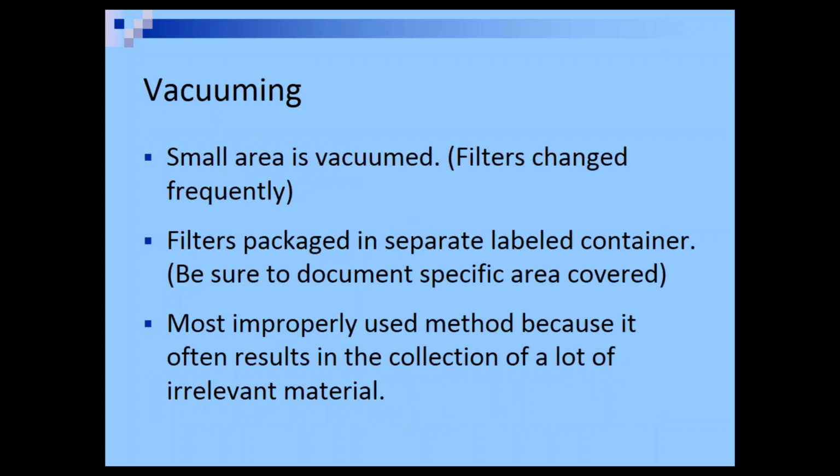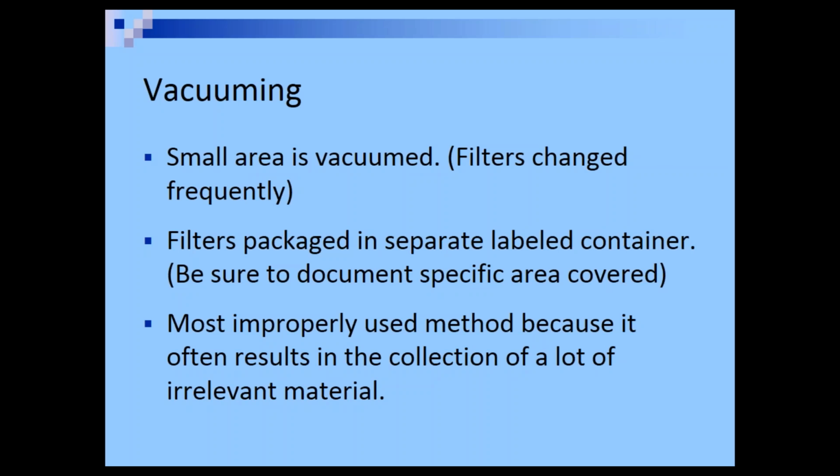So vacuum a small area at a time, change your filter frequently, and obviously you're going to put them in separate little plastic baggies. Or, if it's not important whether you found the fibers in the front of the trunk or the back of the trunk, you could always package, like, 5 different filters together or something like that.